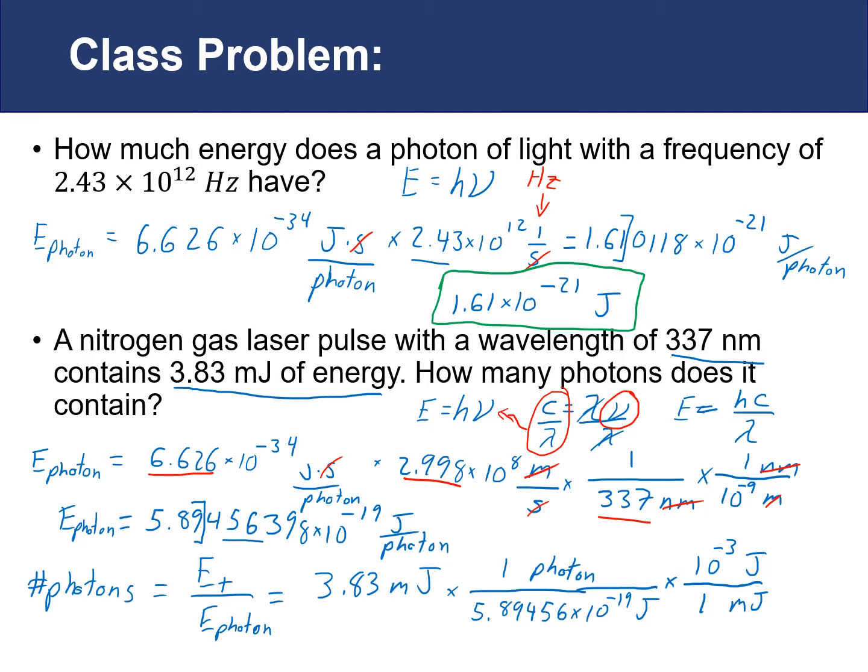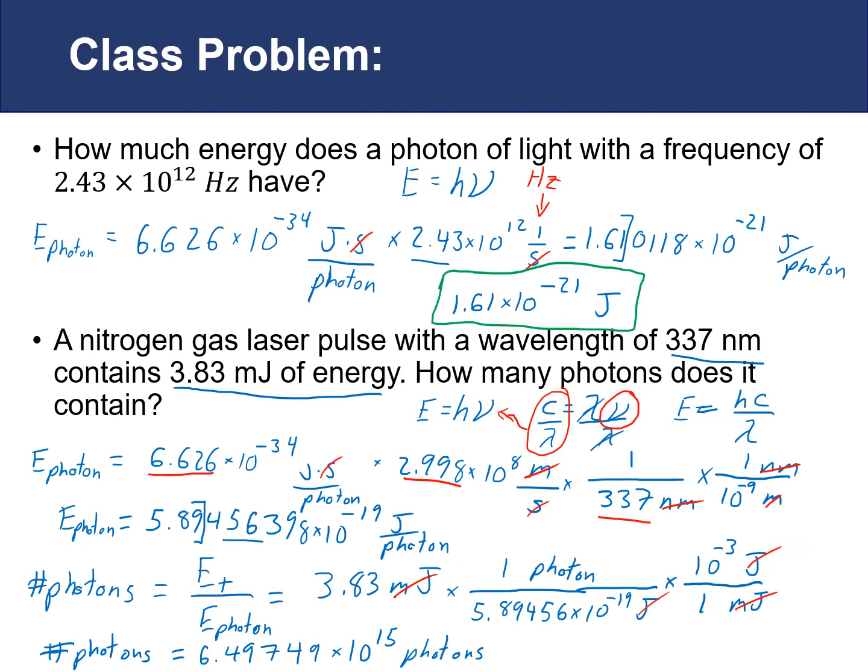So plugging this all into the calculator, you'll get the number of photons as equaling 6.49749 times 10 to the 15th. And just to confirm our units, the millijoules cancel out, the joules cancel out, leaving you with just the photons.